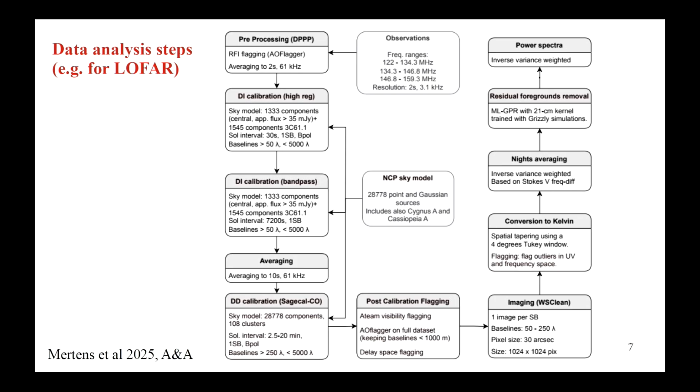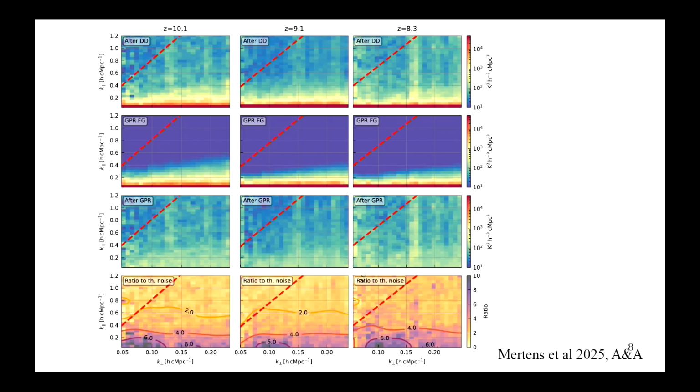Now this LOFAR team is trying to mitigate the foregrounds, they are not using the foreground avoidance. For example, Samir yesterday talked about applying the UR-OH to recover the signal, but this team particularly is trying to mitigate the foregrounds and recover the signal.